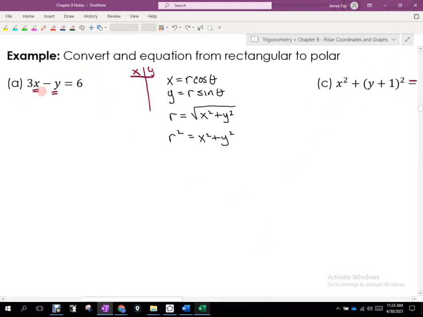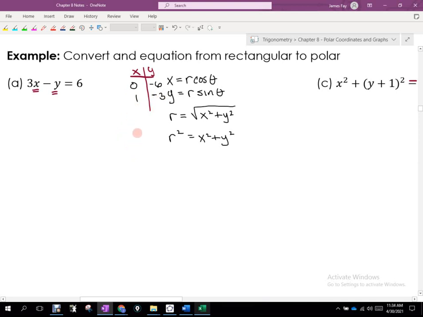All right, so now this is in rectangular form, which means, obviously, if I plug in x to be 0, I would get y to be -6. If I plug x to be 1, I would get y to be -3, right? Okay, and we could graph that. Wouldn't be a big deal.